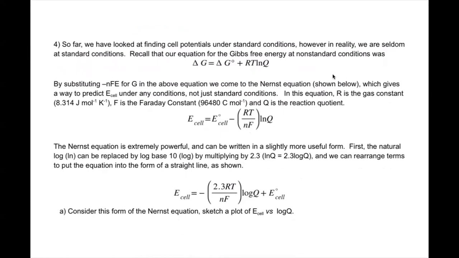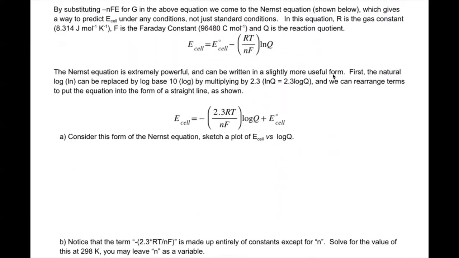This is a relationship between our delta G at non-standard conditions equation, which we looked at before, delta G equals delta G naught plus RT ln of Q. Through some substitutions, we can substitute in for E and do some algebra, and remake this equation in the form of our cell potentials and say E cell at non-standard conditions is equal to the E cell at standard conditions minus RT over NF ln of Q.